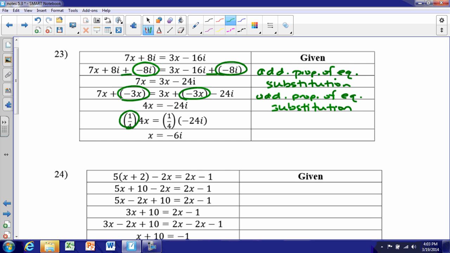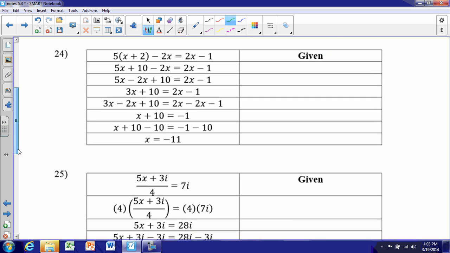Then I have the same number on both sides thrown in there, but this time they're connected by multiplication. So that's the multiplicative property of equality. And then it looks like I simplified again. So substitution. So anytime you're actually solving, there's going to be a lot of substitution.